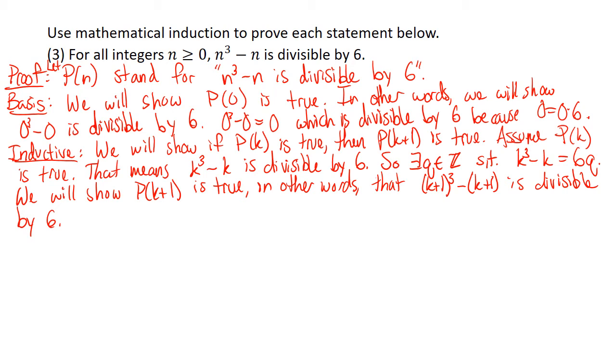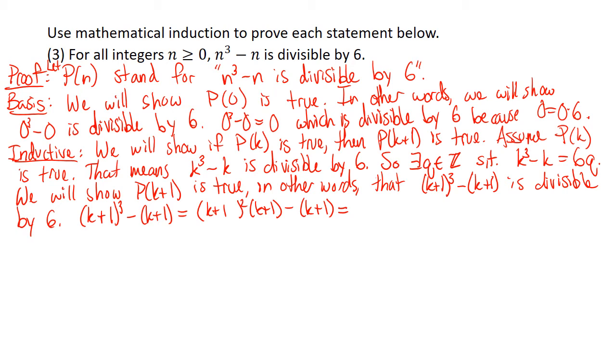So I'm going to have to somehow make either k cubed or k appear in the quantity that I'm working with. Let me start trying to simplify k plus 1 cubed minus k plus 1. This is a little tricky to simplify, but I could do it as k plus 1 squared times k plus 1 minus k plus 1.